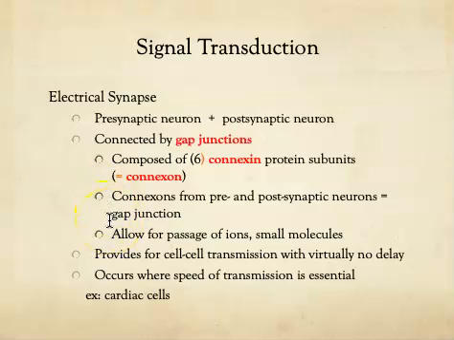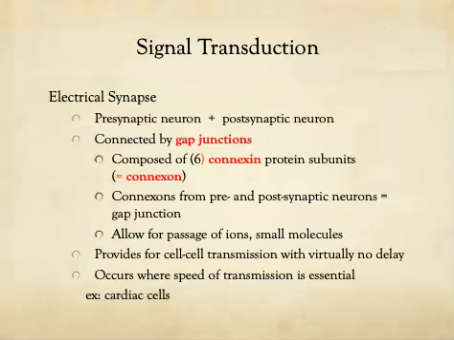Now, what can pass through this gap? Well, it's a pretty small gap, so only very small molecules and ions. Electrical synapses and their gap junctions provide a way for cells to communicate with each other with virtually no delay. As you'll see in just a minute, this provides for very close communication between two cells.